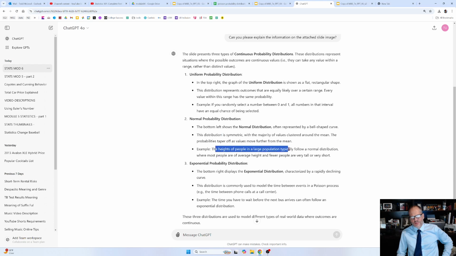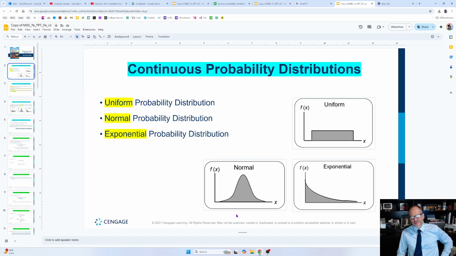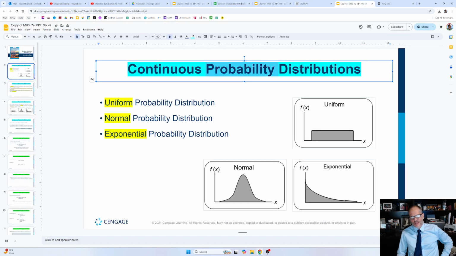Example, the heights of people in a large population typically follow a normal distribution, where most people are of average height and fewer people are very tall or very short. And remember, what this stuff is all about is calculating probability, right?